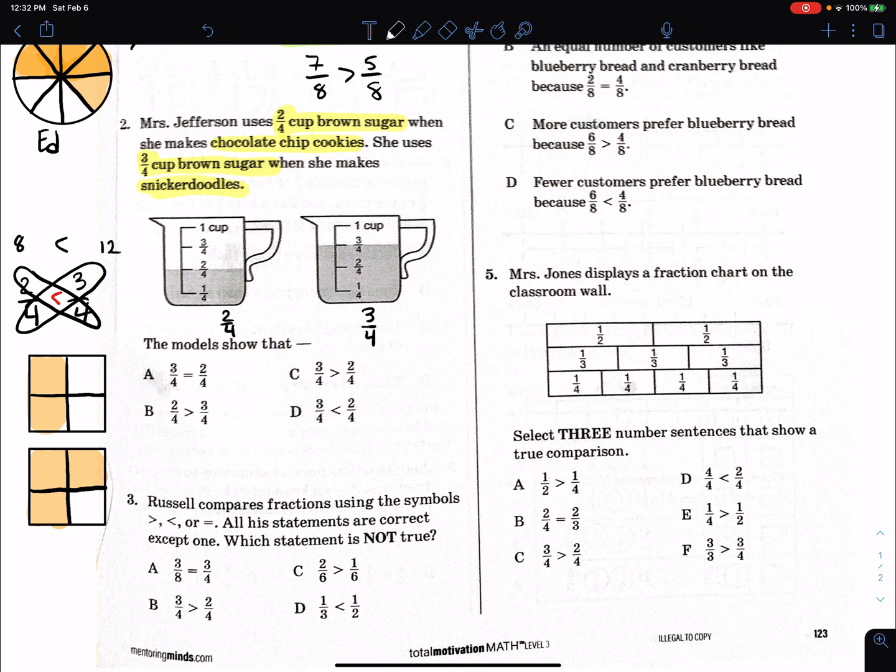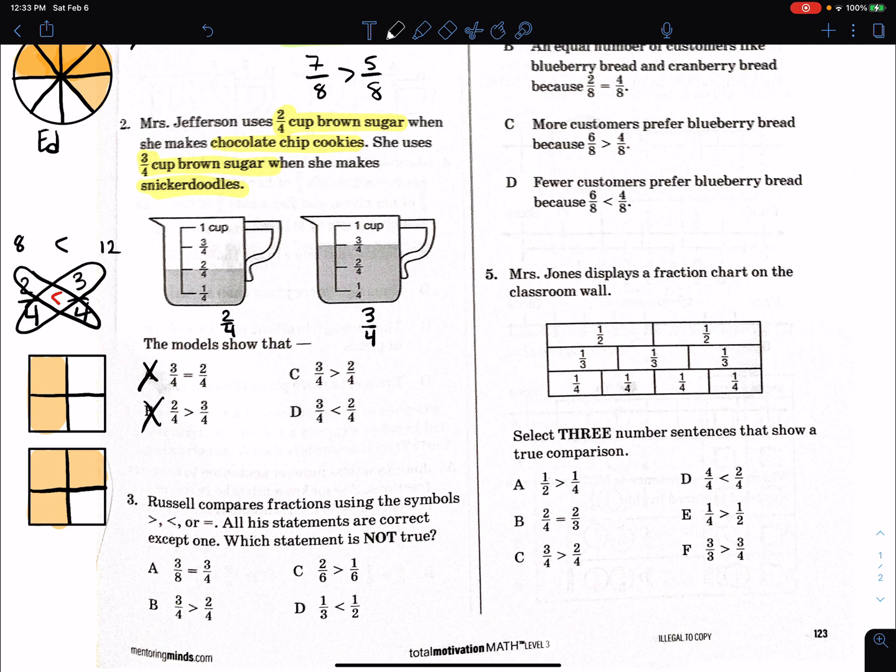So letter A, 3/4 is equal to 2/4. Well, that's not correct. Alright, let's look at letter B. 2/4 is greater than 3/4. Well, looking at my pictures, I can see that's not true, so I can cross that one out. And letter C, 3/4 is greater than 2/4.